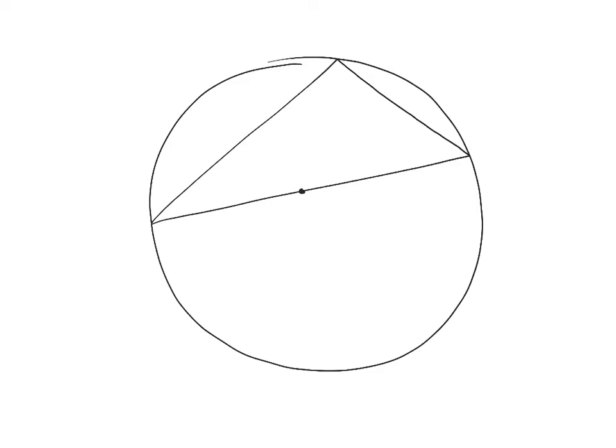If this is the middle, we can call it O. We can call this end A, this end B, and this point C. Because this is now a semicircle, this angle here is always 90 degrees, and this angle here is always 180 degrees.